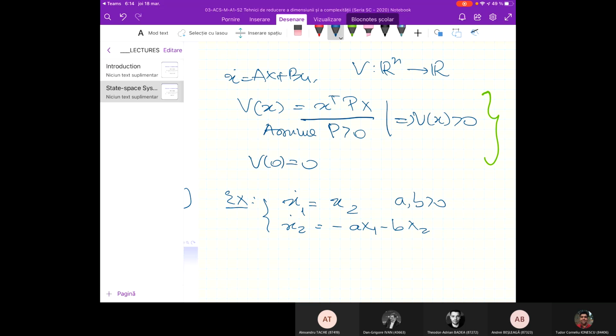Then V of x can be, because x1 is the position and x2 is the velocity, so what is the total energy of a mechanical oscillator? It is the kinetic energy, right?